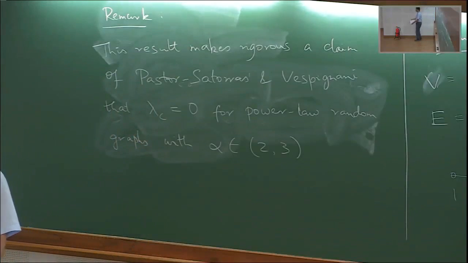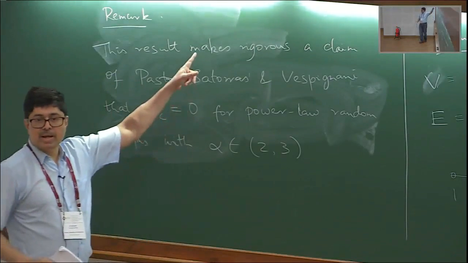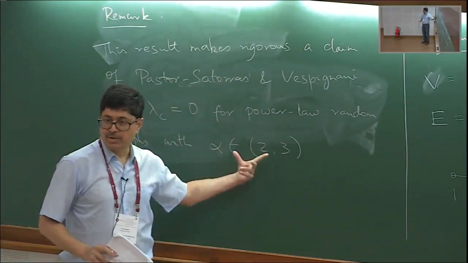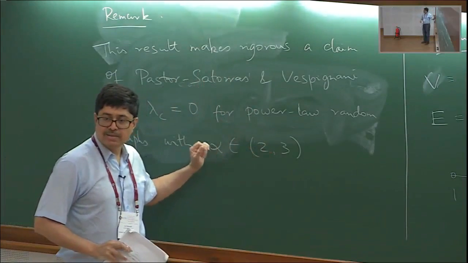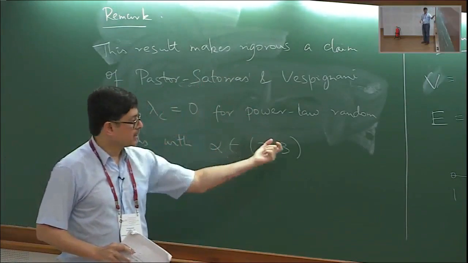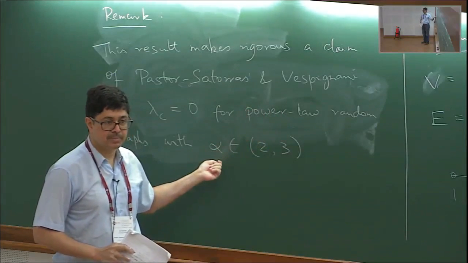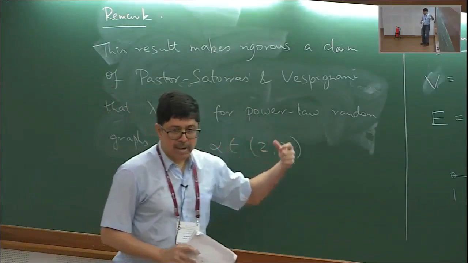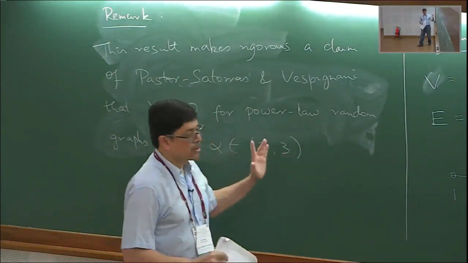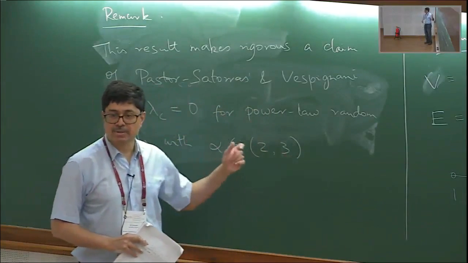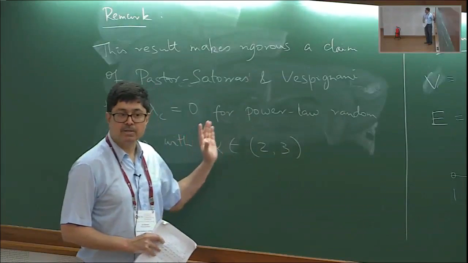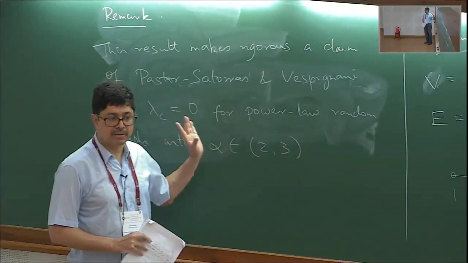Okay. So they only claimed this result for this range of alpha, and this is the range of alpha in which the vertex degrees have infinite variance, and the size-biased degree distribution has infinite mean. So that was the intuition behind their claim.